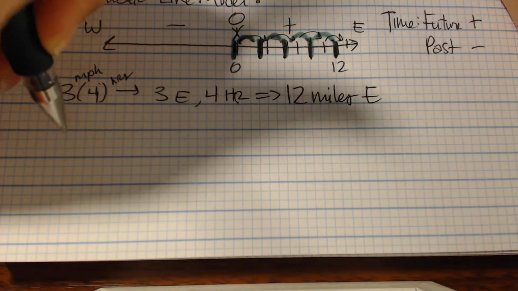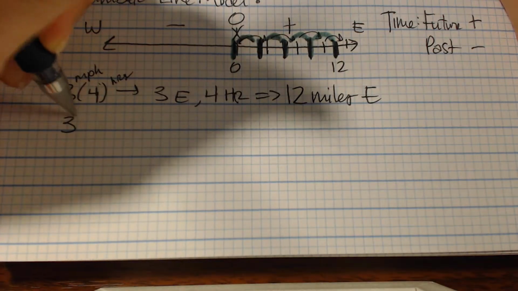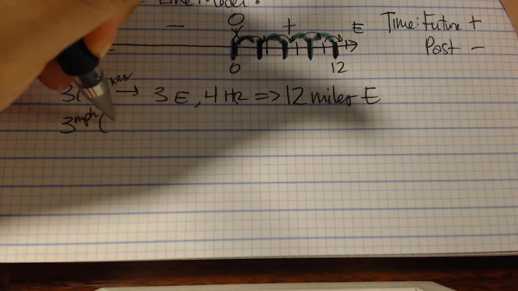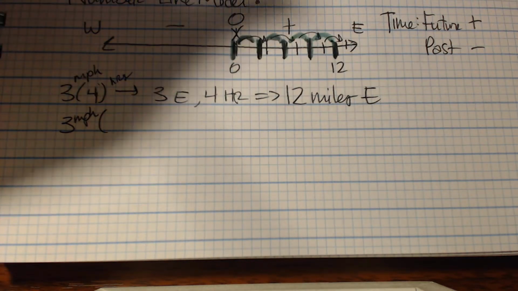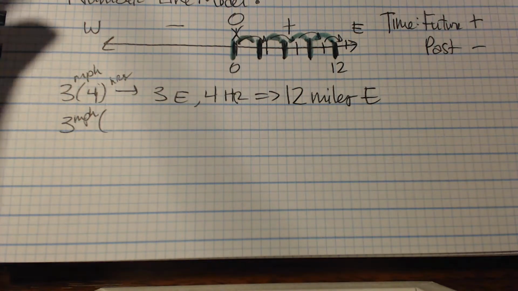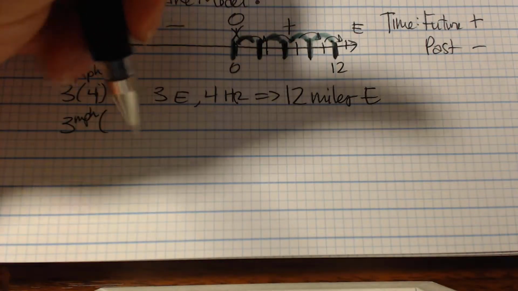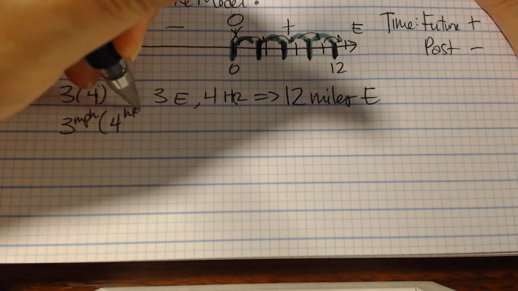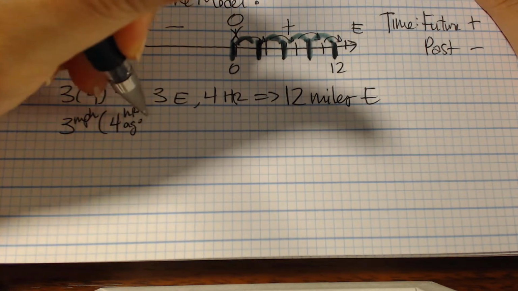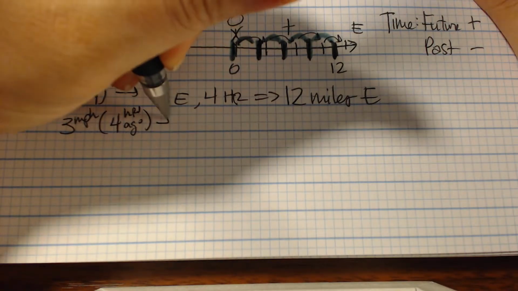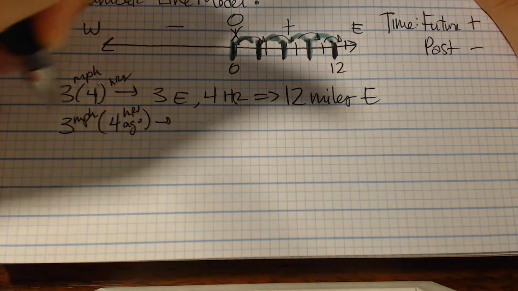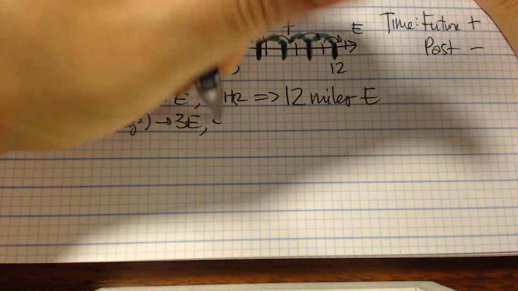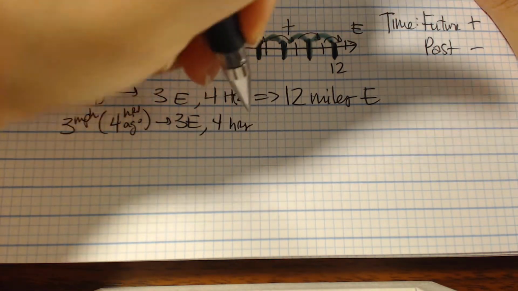So let's say that you go for 3 miles per hour to the west. I'm sorry. You were going for 3 miles per hour since 4 hours ago. So 4 hours ago, and you're still going east. So you're going 3 east since 4 hours ago.